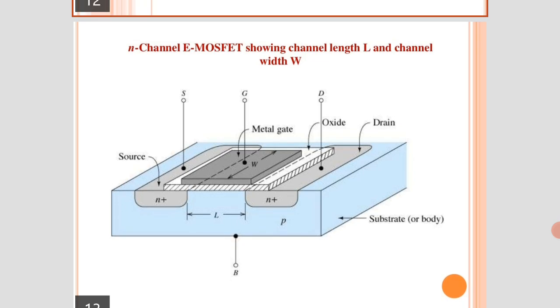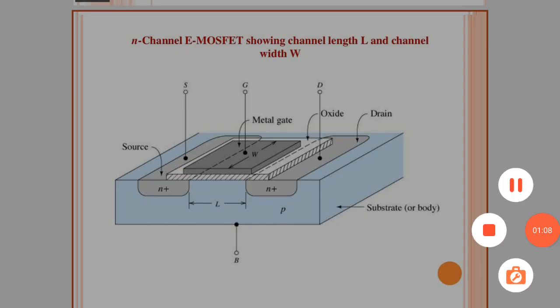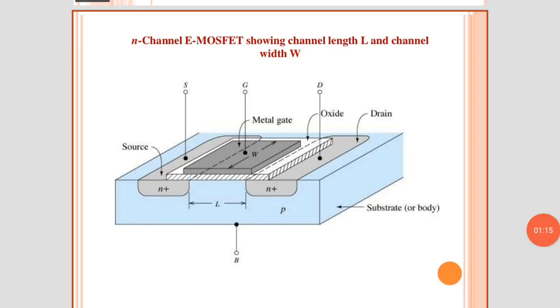In the gate there is a metal gate, in the drain the oxide, and at the gate terminal the width changes in the E-MOSFET. So the substrate or body is an N-type or P-type material.